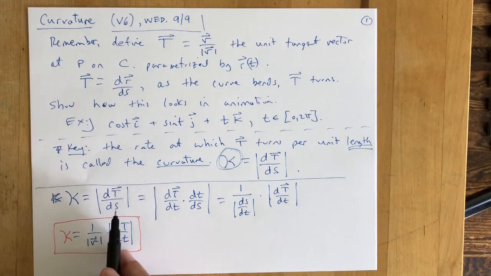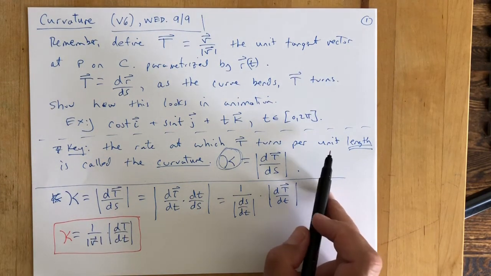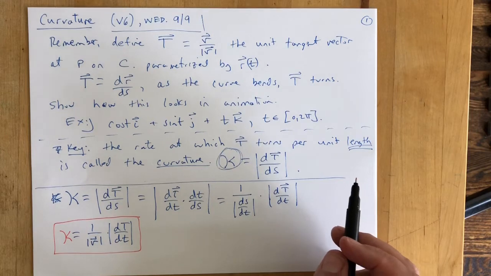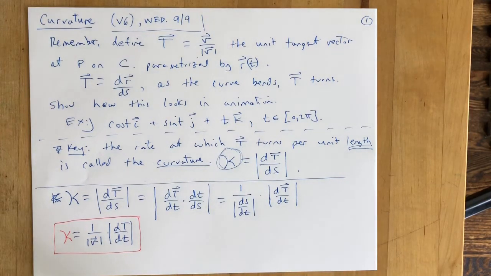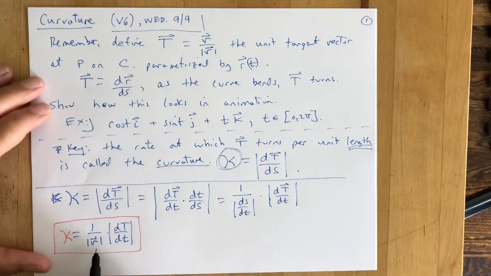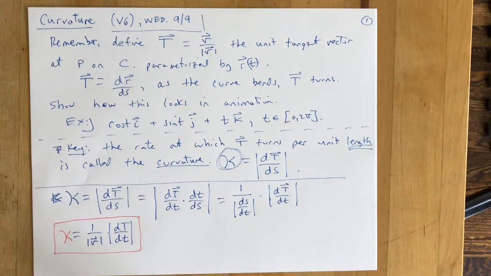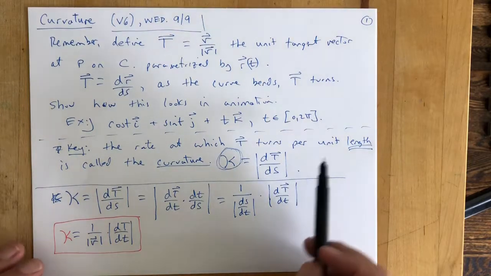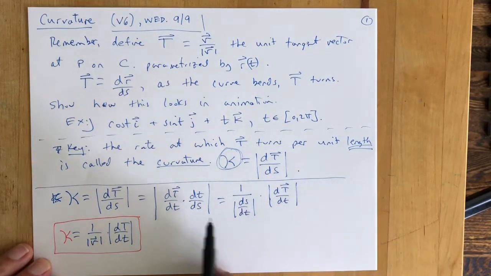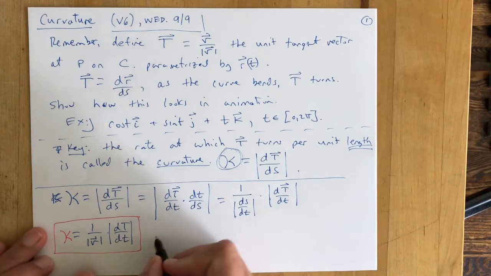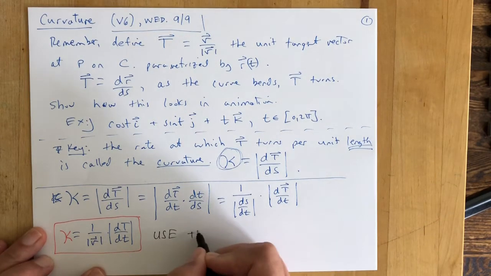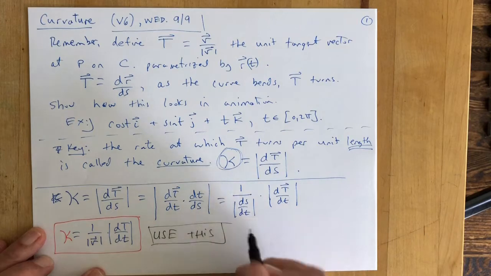So kappa is defined with respect to s. It has to be because we're doing turns per unit length, and that's why I introduced the s parameter. But computationally, the s parameter is really hard to get a handle on, just by the way these things are defined, whereas t isn't. And see, this guy is all in terms of t. This is v of t, and that's dT/dt. So this is all in terms of t. So now we've almost used s as a dummy variable, but it's not. It actually gives us the ability to do this computation. But this is the one you want to use when your professor asks you to compute curvature.